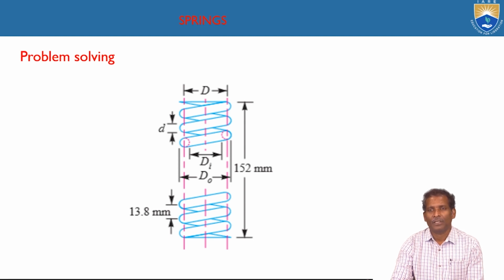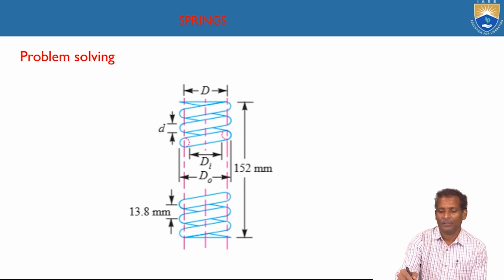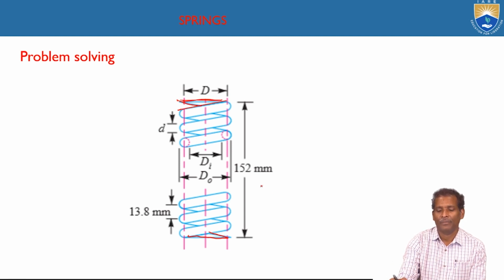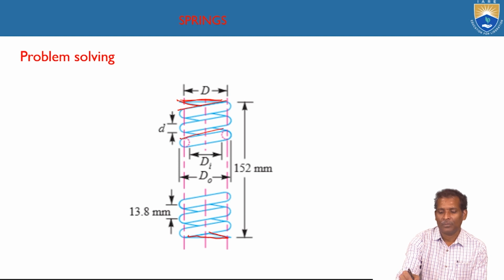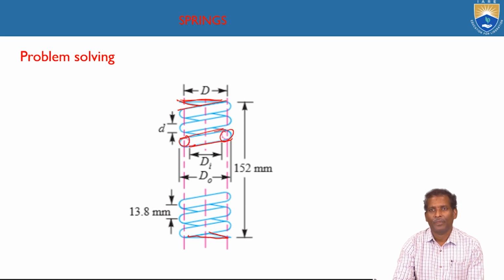So finally, what he has asked: draw the spring with the calculated design values. Here, helical spring, the end condition is squared and ground type. The type of the cross section of the spring is circular.